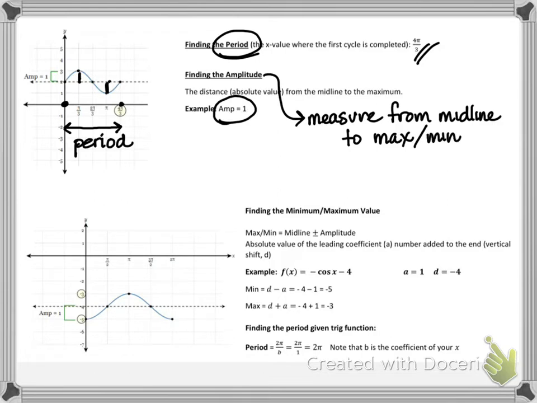Those have to be identical like we talked about in those previous problems. And again, notice always positive, okay? Make sure you always give me a positive number. All right. So let's practice some problems.